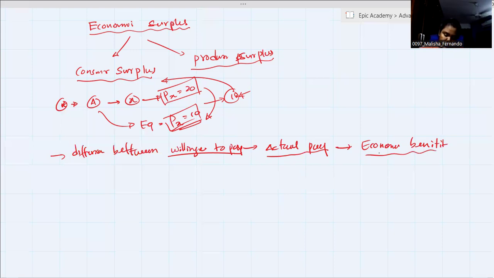The consumer receives something from this kind of transaction. So we call it consumer surplus.